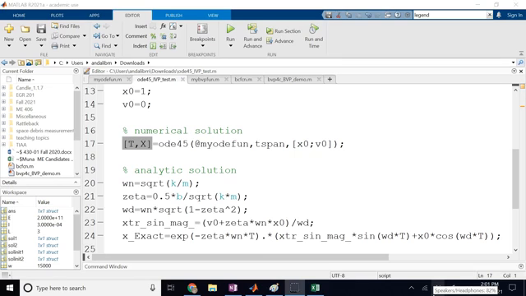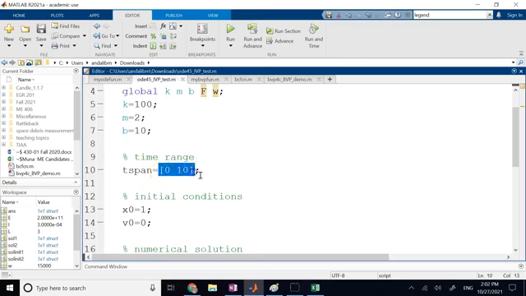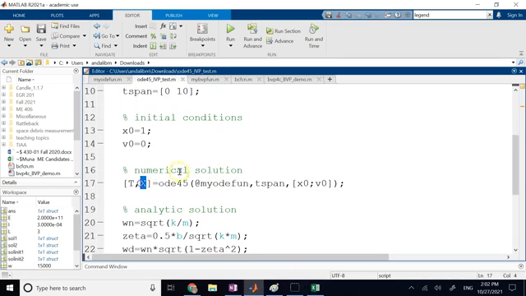T here is a vector that has all the time points that the ODE solver used to solve the differential equation, the time points between 0 to 10 in the time span. And this capital X here is a matrix with two large columns.